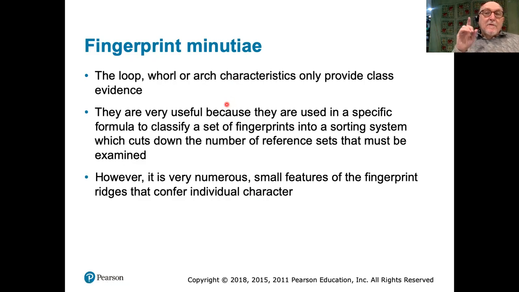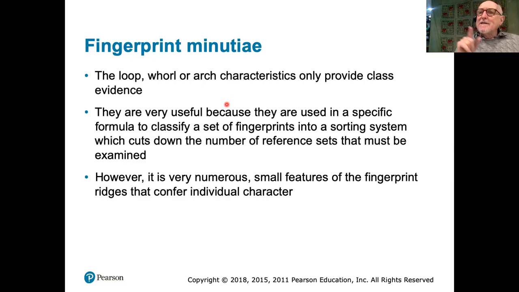What is really important in fingerprint identification are very small characteristics of the ridge lines. Their importance relies on the fact that once those ridge lines are formed in the uterus, they do not change for the whole of your life.